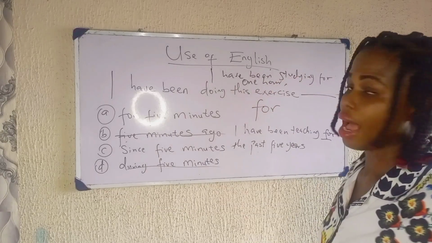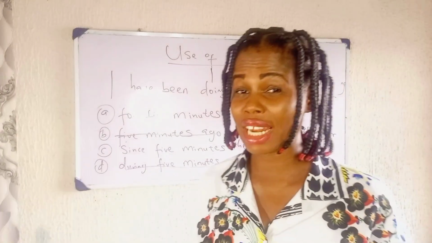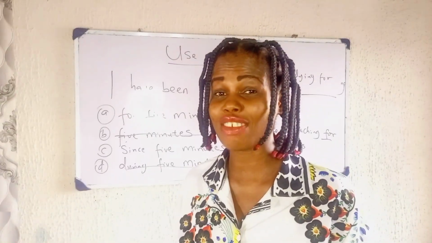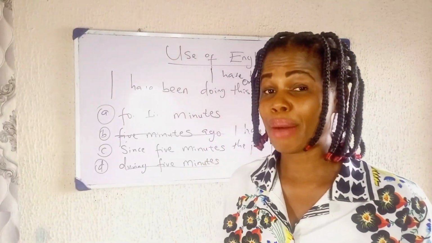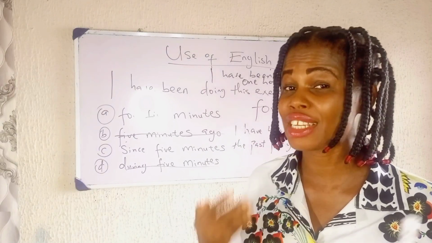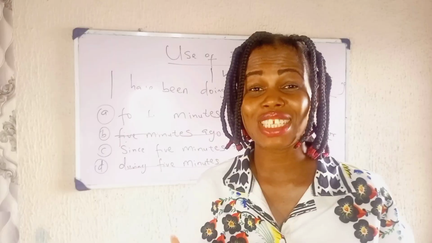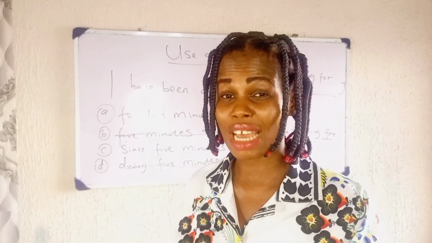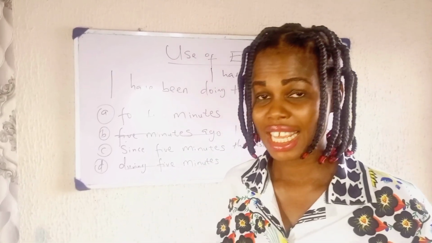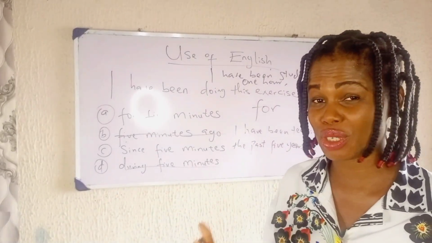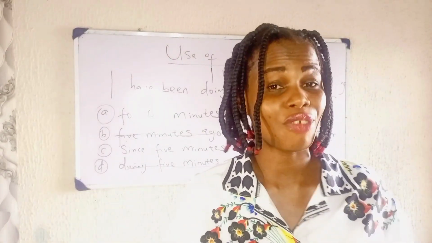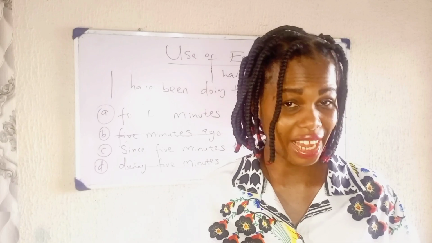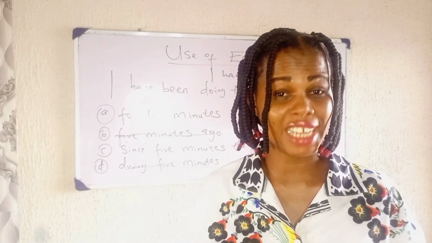I've been studying for 1 hour. The amount of time I've spent studying. Now, this is how to use for. Use for to talk about the amount of time you've spent doing something. I've been standing for the past 2 minutes, the amount of time I've spent standing.